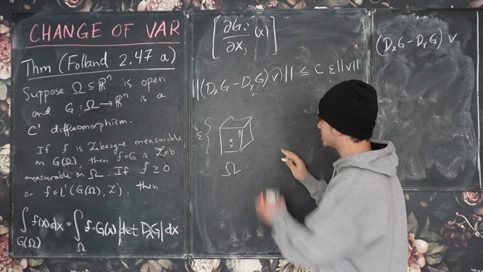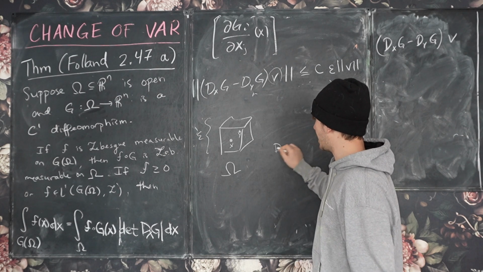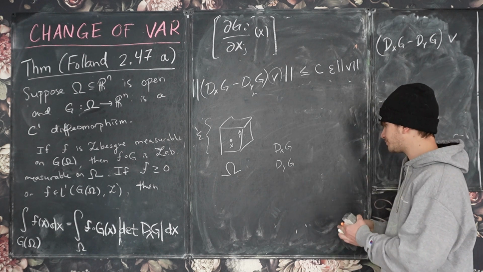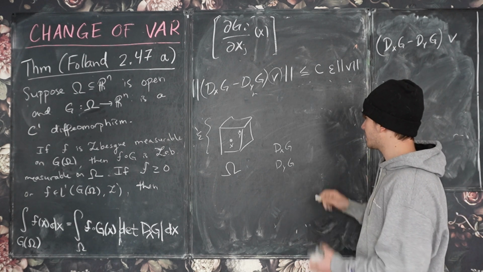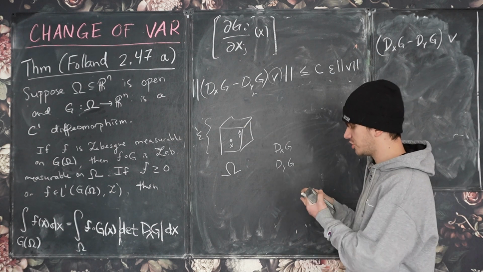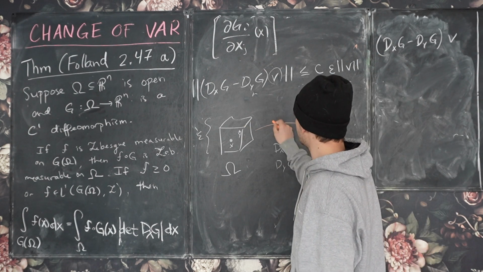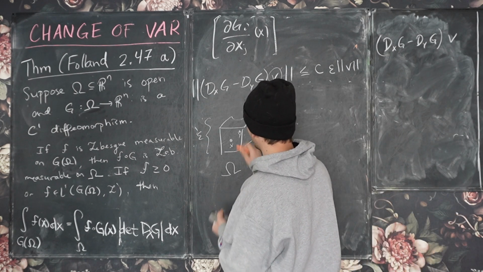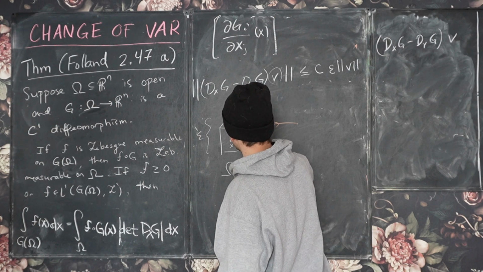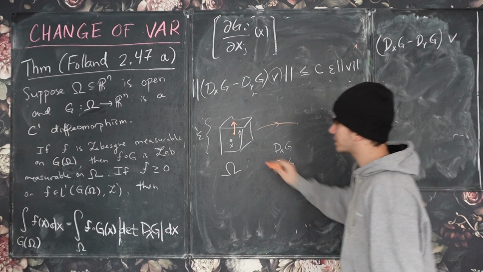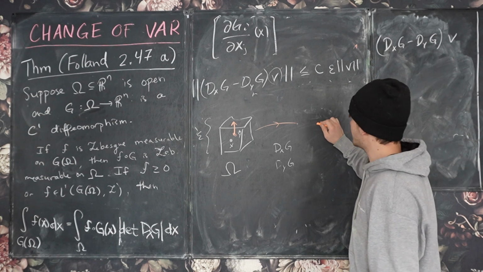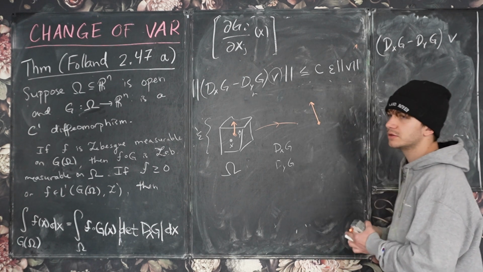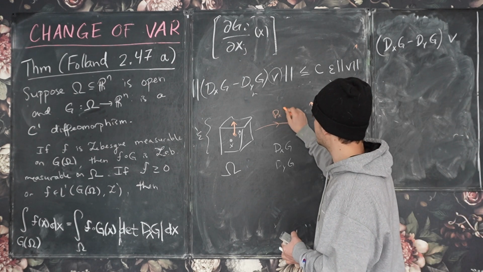Then if I look at the differential maps dx of g and dy of g, and how they send this cube, let's look at one vector in the center of the cube. Maybe dxg will send it somewhere here. So here's maybe the image under dxg.